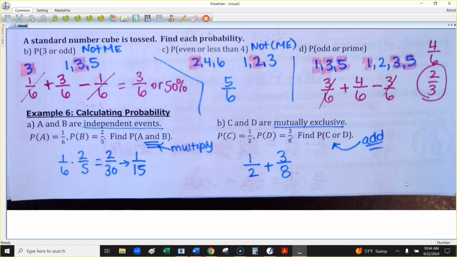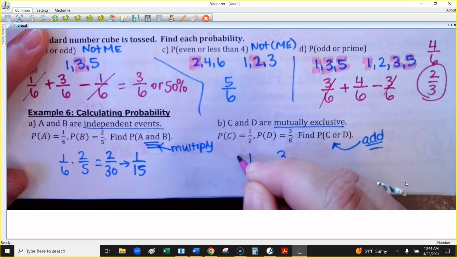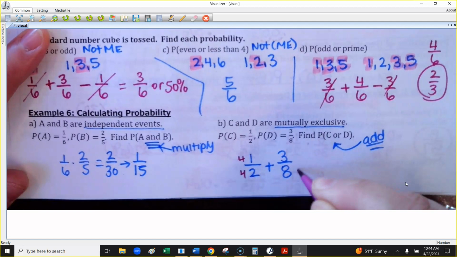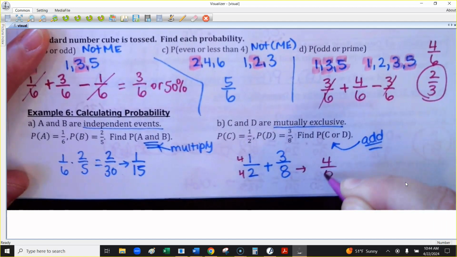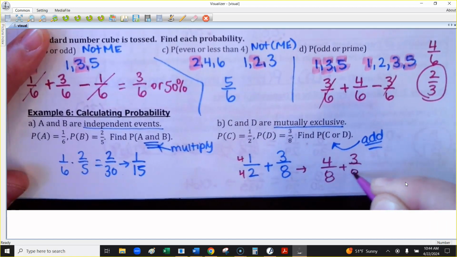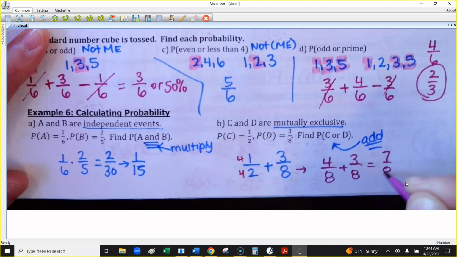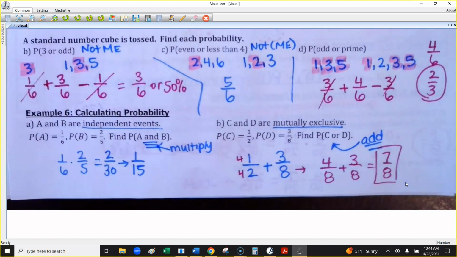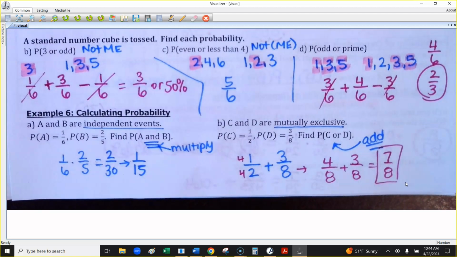So real quick, I'm going to multiply top and bottom of that first fraction by 4. So I'd have 4/8 plus 3/8. So 7/8 would be the answer. I'm pretty sure this one on the homework assignment asks for it as a fraction because it gives you the probabilities as a fraction in the question. But you could easily change that to a decimal.